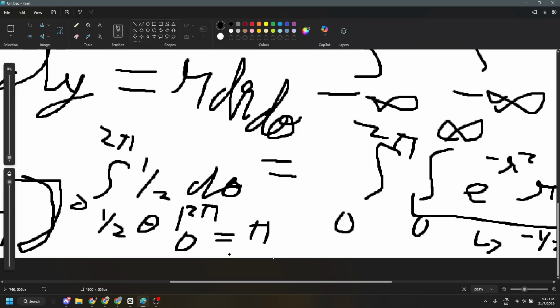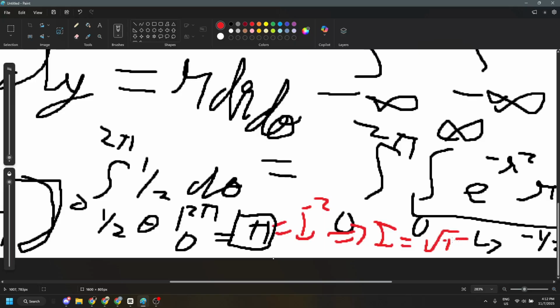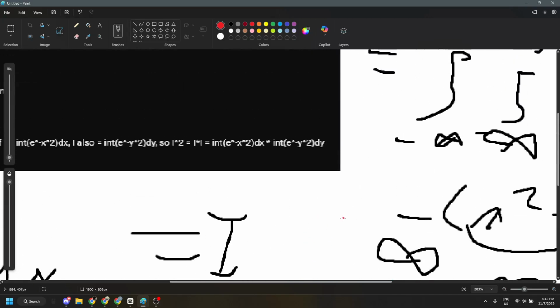Oh yeah, they got the same thing. Going back and thinking about it, what I had was my original answer, but this is actually equal to I squared, which means that I is equal to the square root of pi, which is the final answer. I pretty much got it, I just forgot that small minor detail.